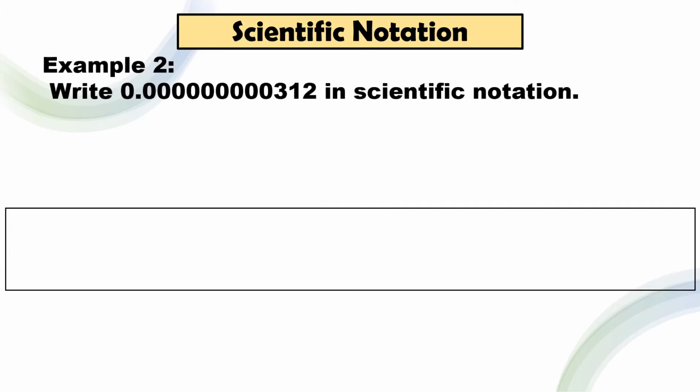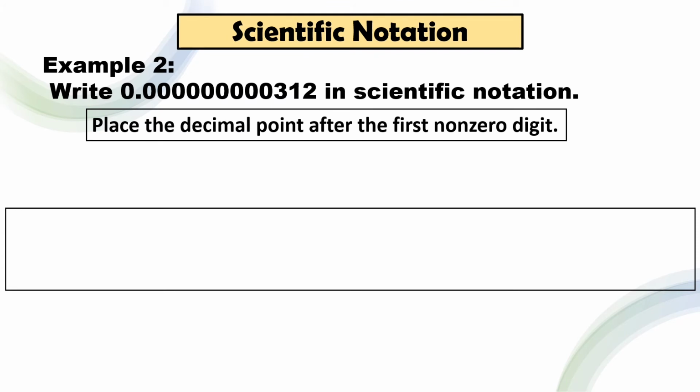Next, example 2. Write 0.00000000312 in scientific notation. So, parang napakahirap basahin noong given decimal numbers. Now, kapag kaganyan, malaking tulong yung scientific notation.